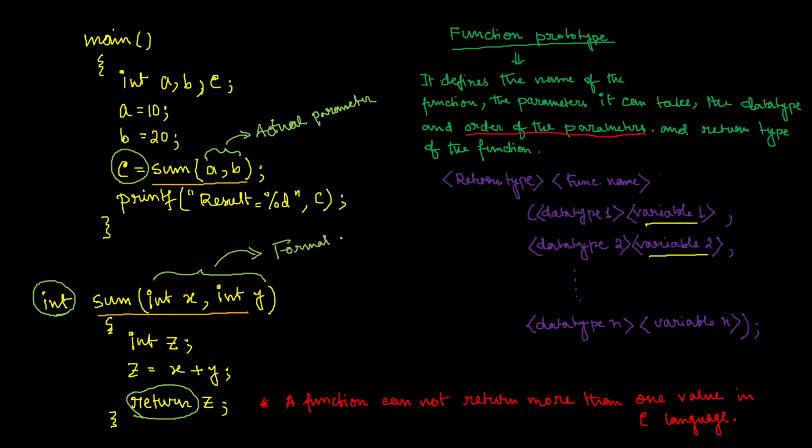But don't be confused by the definition, because ultimately the value of the formal parameter and actual parameter is the same, because the data is copied from here to here. Technically we can differentiate between these two by two different names. One we call actual parameter and another we call formal parameter. Why actual? Because ultimately the data is present in this a and b, and we are using this x and y to temporarily store the value of a and b. That's why they are called formal.